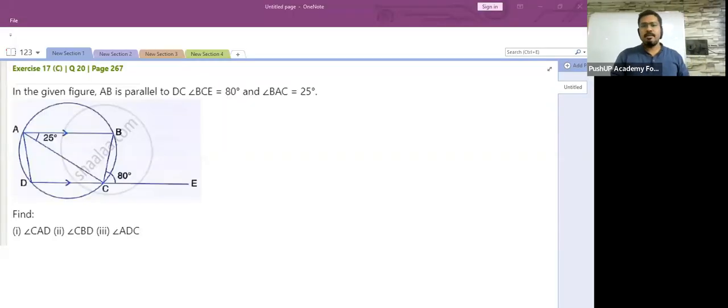Today we are going to start with the exterior angle property of a cyclic quadrilateral. I'll just revise the property because you all have done this in school.